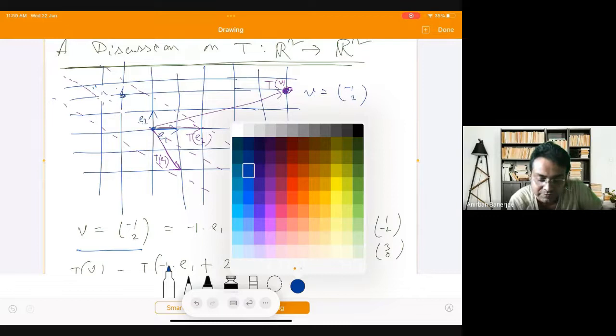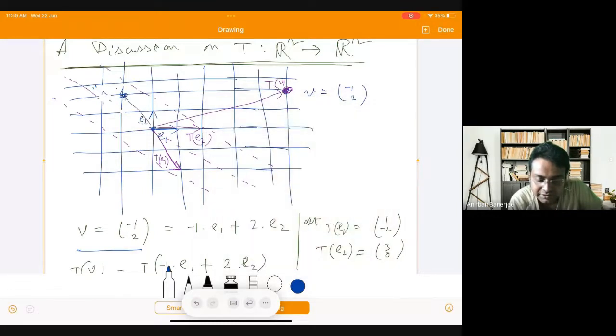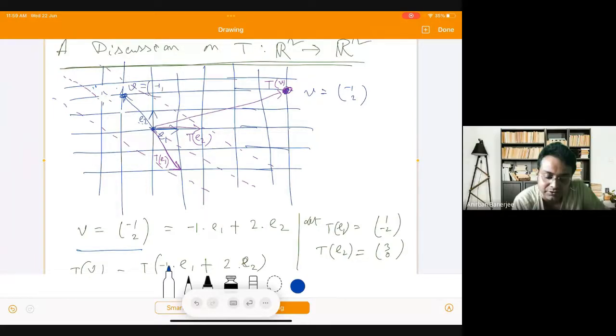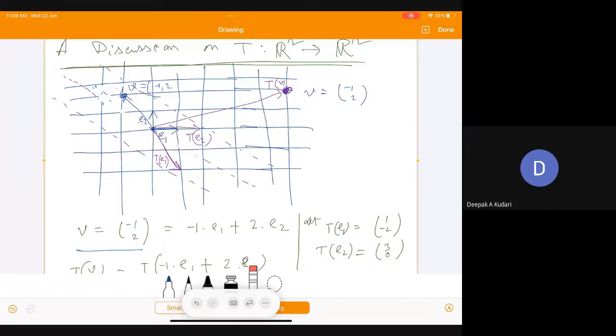So the vector should be here, right? Yes, sir. V is minus 1 comma 2, and now the dotted line should be along that. Yes, sir. Thank you for pointing this out.